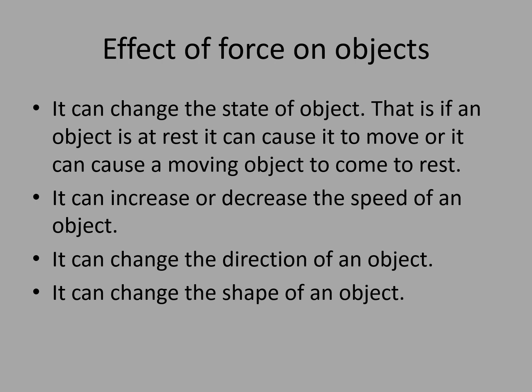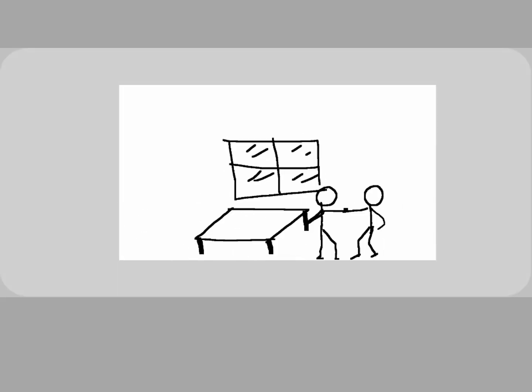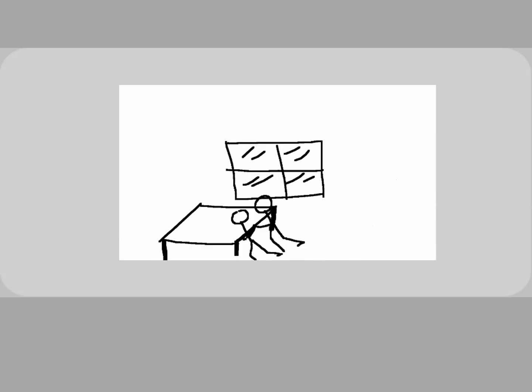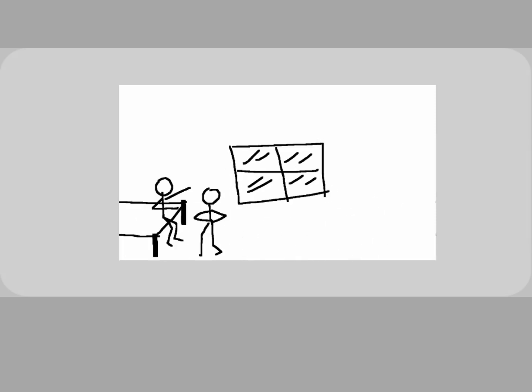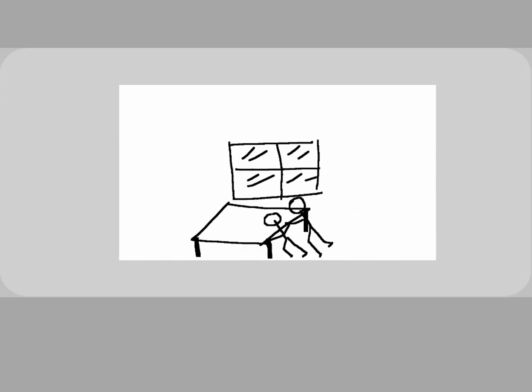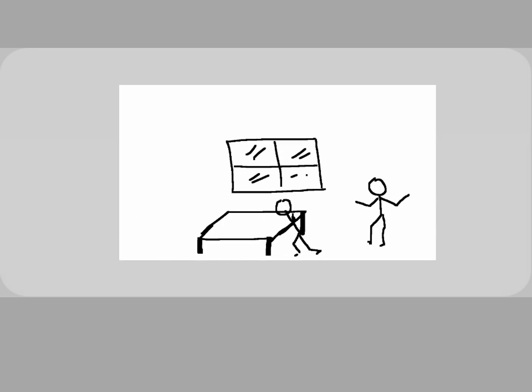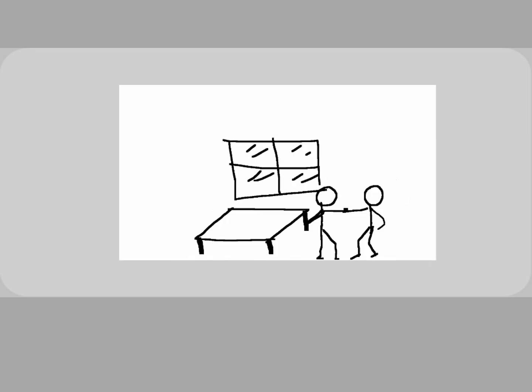Let us now have a look at some illustrations here. This person is trying to push a heavy table alone, but it is quite heavy, so he is not able to move it. So he calls his friend standing there, and then his friend comes and helps.